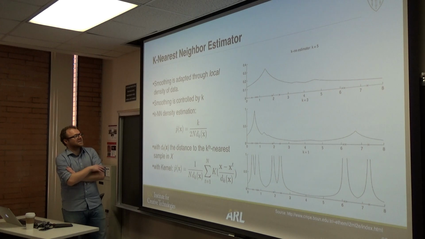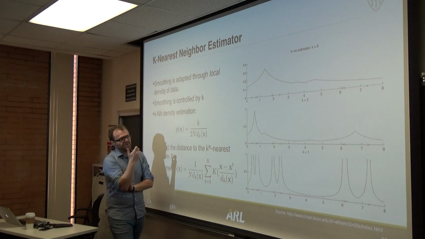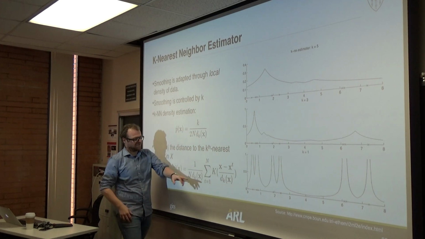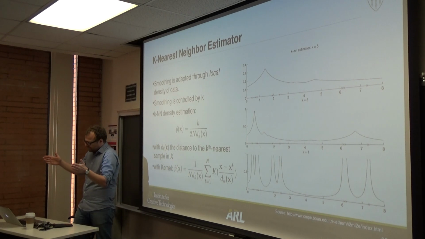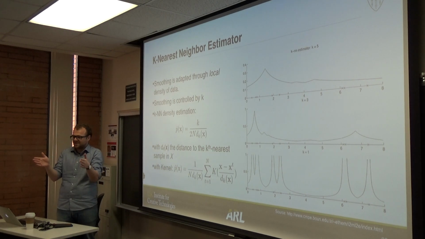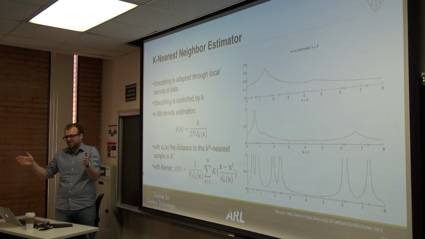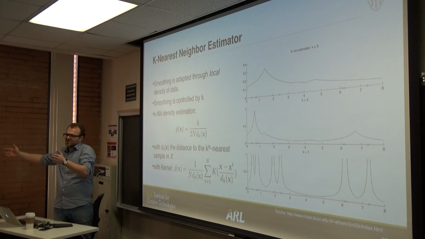That becomes the k nearest neighbor estimator, and that k parameter can be adjusted in the same way as previously the h parameter was adjusted. So now you're not defining your neighborhood through a distance, but through the number of neighbors. And so the closer these neighbors are, the more narrow at this location your h window will be. And if they're further apart, that h is actually wider, so to say. So it dynamically changes with the density of your data set.